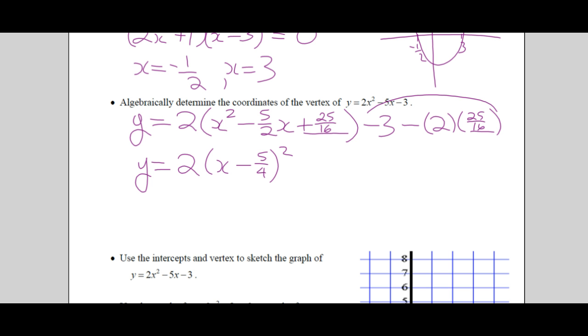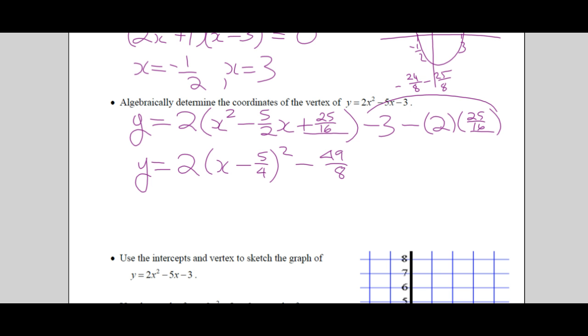Oh. Okay, so the 2 goes into 16 8 times, right? We get 25 over 8. 3 is 24 over 8 minus 25 over 8. What does that give me? Minus 49 over 8. Right?